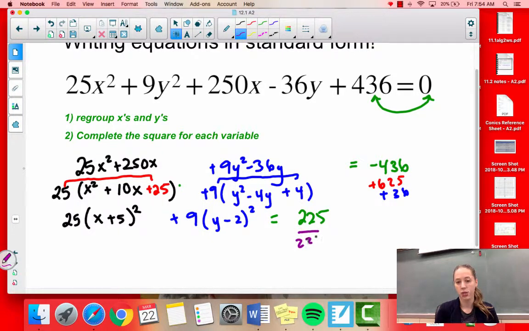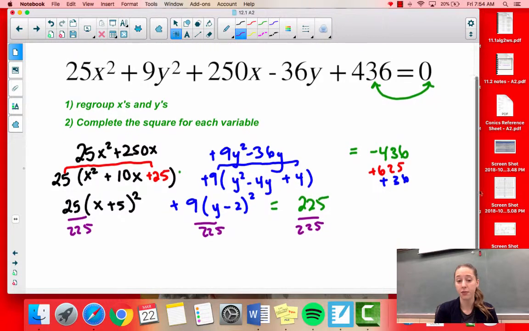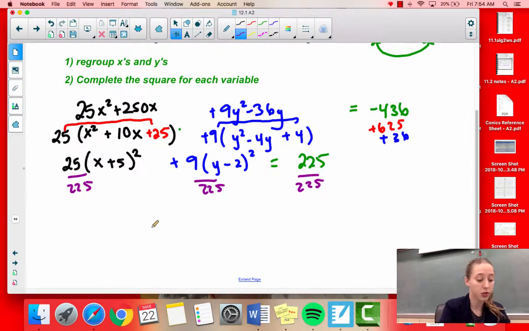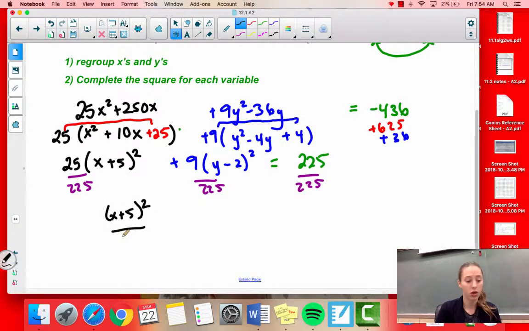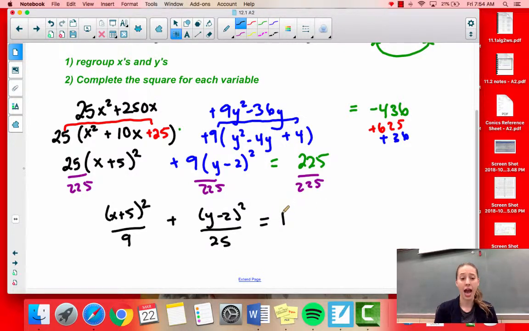So if I divide this by 225, the y's by 225, and the x's, I can simplify this all down, and if I reduce, I get x plus 5 all squared over 9, and then if I divide 225 by 9, I'm going to get 25, so I'm going to get y minus 2 squared over 25. And then, of course, 225 divided by 225 is 1. And now it's in standard form.